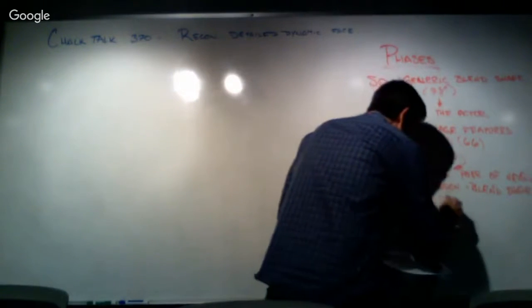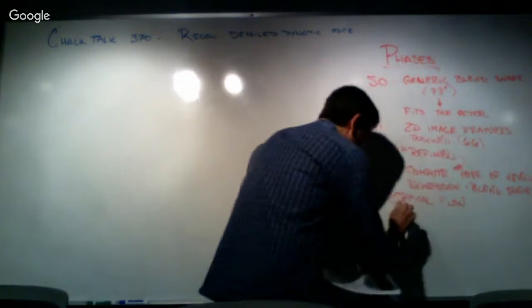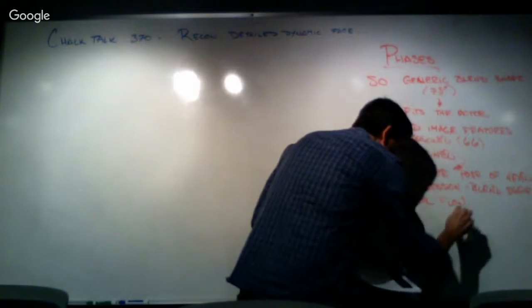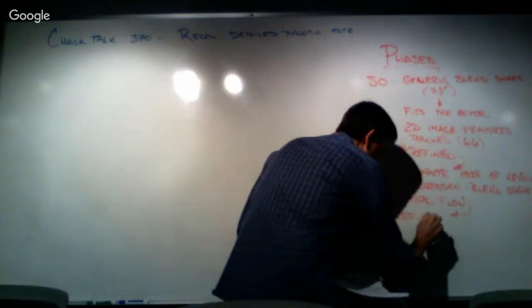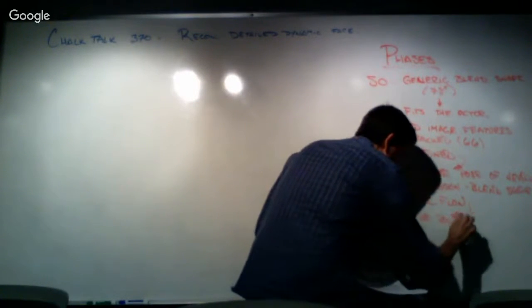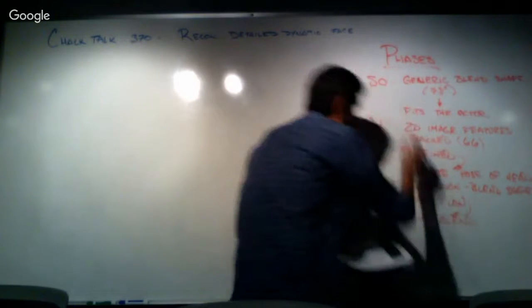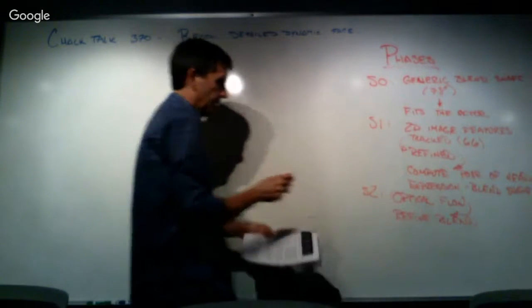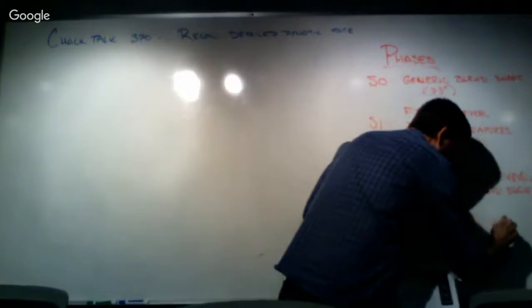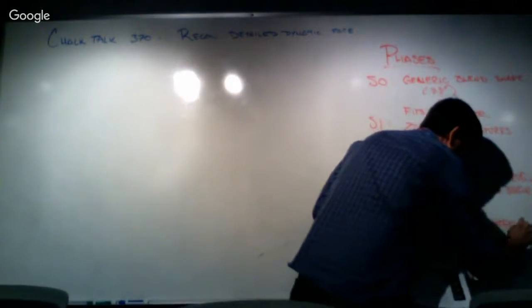And this is used to fix or refine the blend shape. We're getting a little vague here because we really have to figure out where we are before we can really talk about how this works. But we're going to refine the blend shape values or stuff.